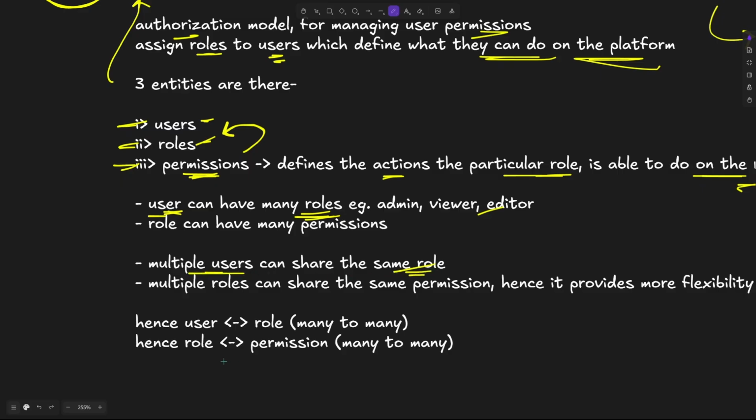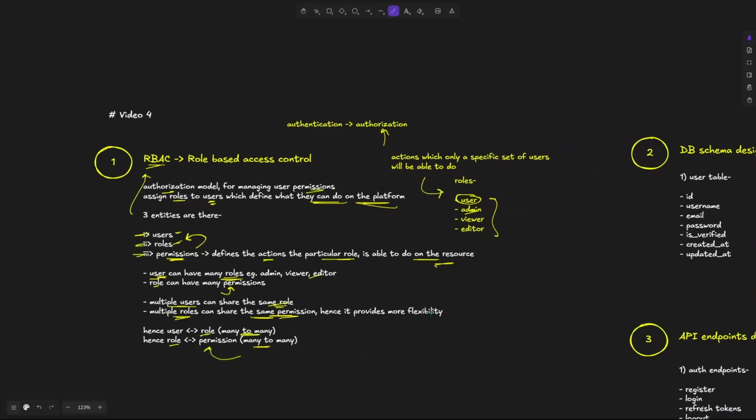So user and role have a many-to-many relationship. Similarly, a single role can have many permissions, and multiple roles can share the same permission. Hence, roles have a many-to-many relationship with permissions. So this is how RBAC works.